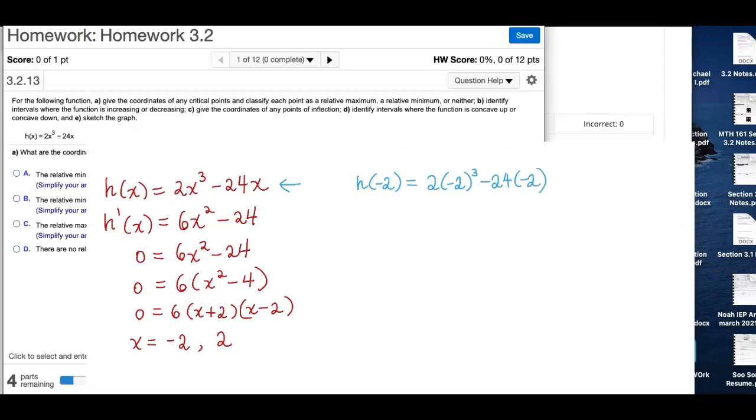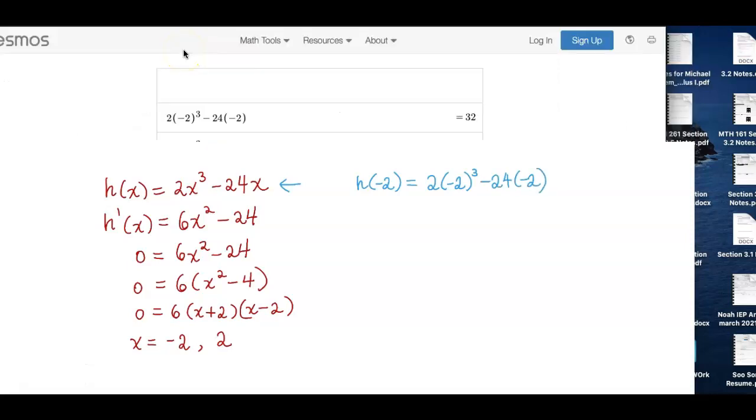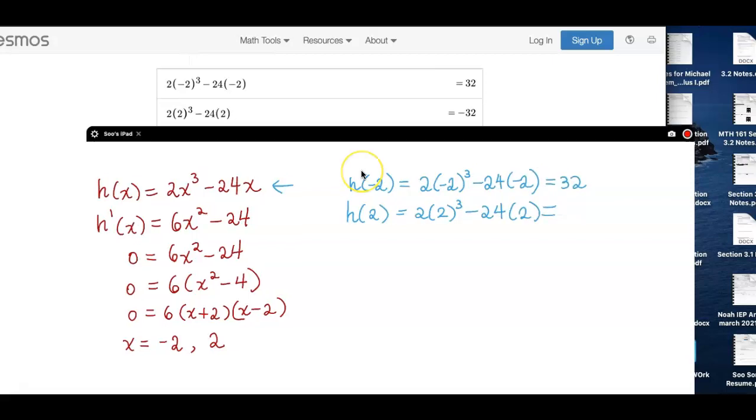I typed that into Desmos's scientific calculator and got the value to be 32. Just like that, let's now find h of 2. 2 times 2 cubed minus 24 times positive 2. And that is negative 32 this time.